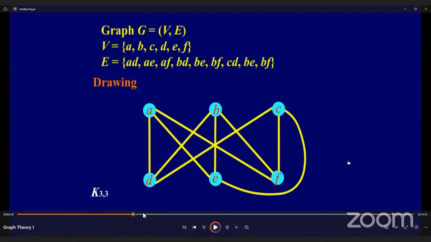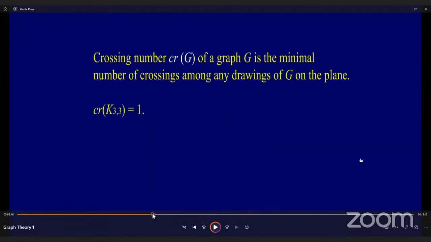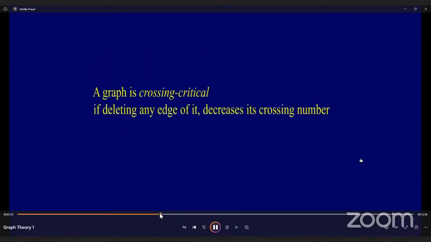So there are many drawings. Among all possible drawings, we have to see the crossings of each drawing, and find the minimal one, and that is the crossing number. So the CR of K33 is 1. That was proved by Kuratowski.